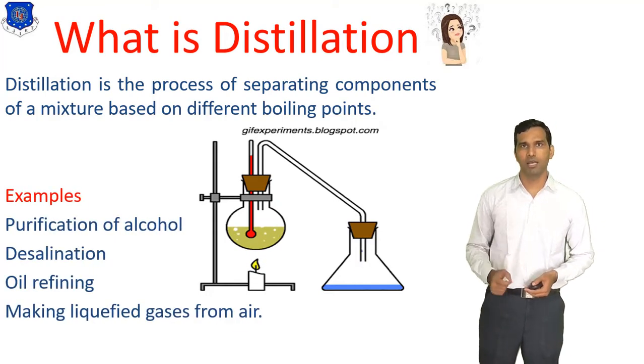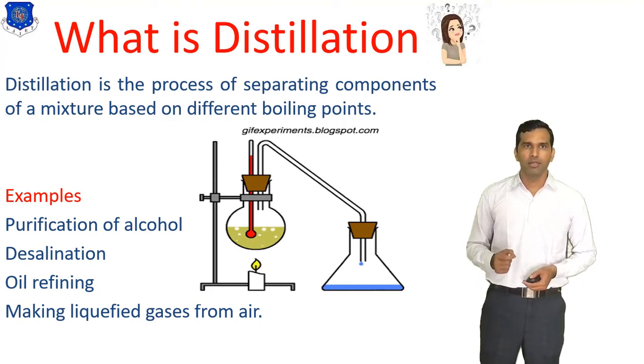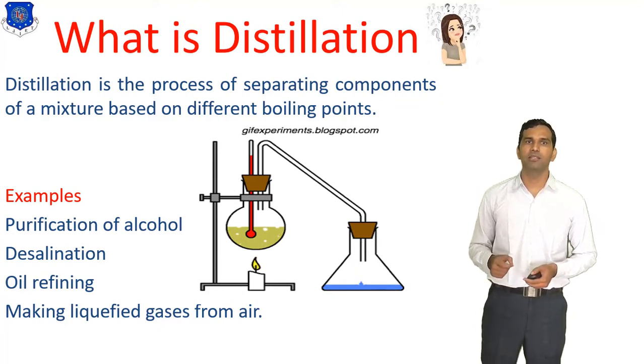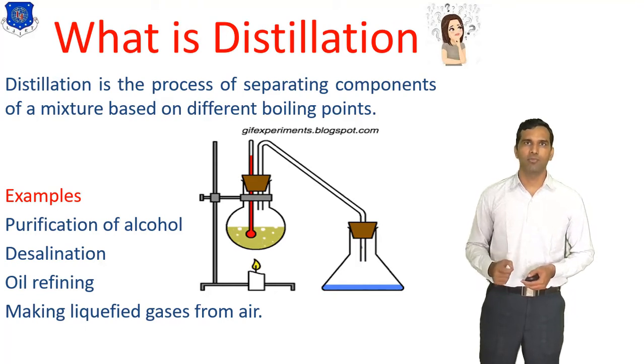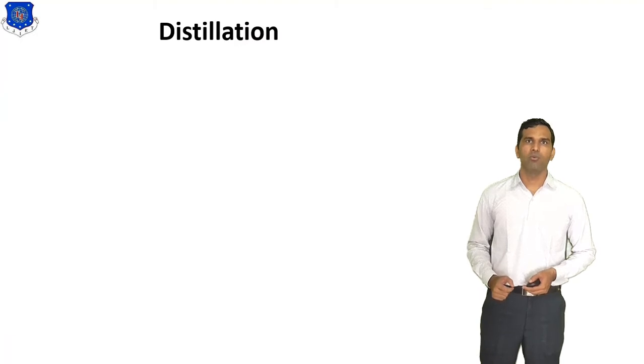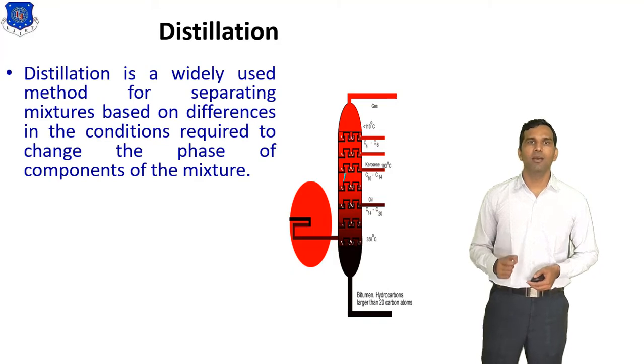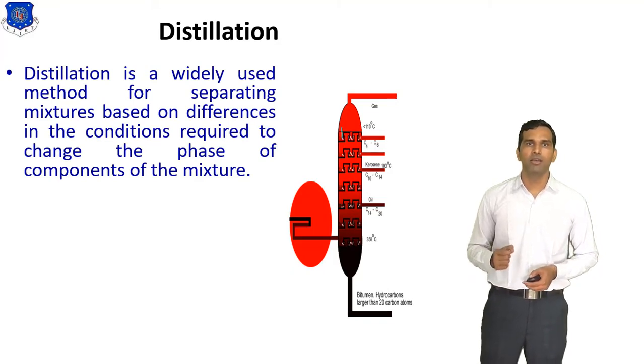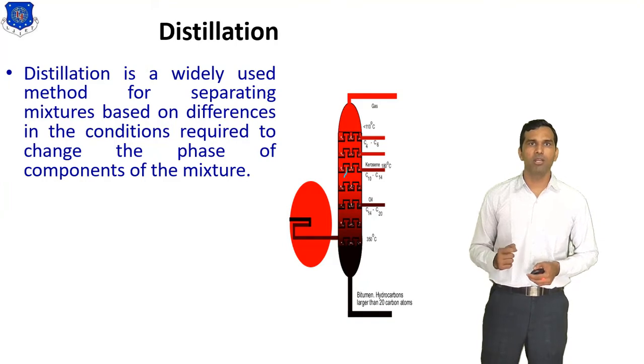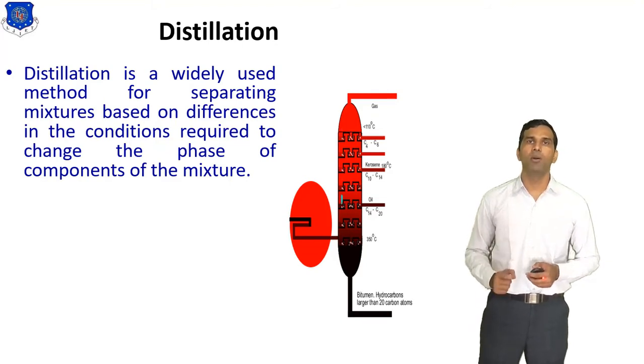Now there are other examples of the distillation process, that means purification of alcohol, desalination, oil refining and making liquefied gas from air. Distillation is a widely used method for separating a mixture based on differences in the conditions required to change the phase of components of the mixture.